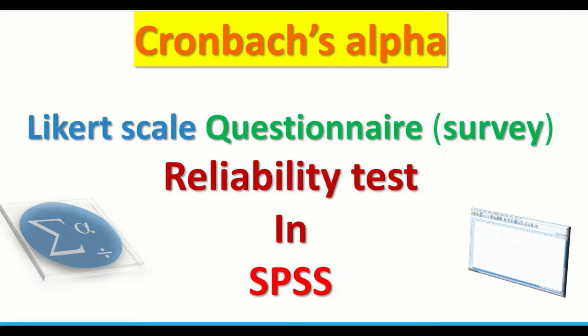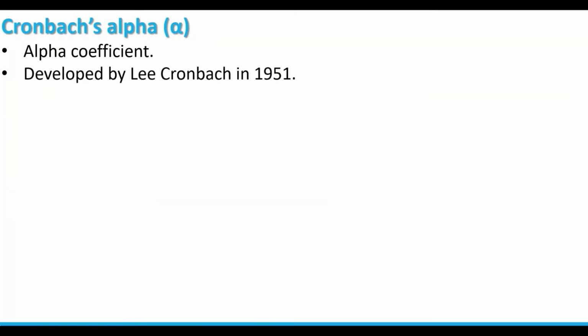These Likert scales range from 2-point up to 11-point Likert scale. Cronbach's alpha, or alpha coefficient, was developed by Cronbach in 1951.